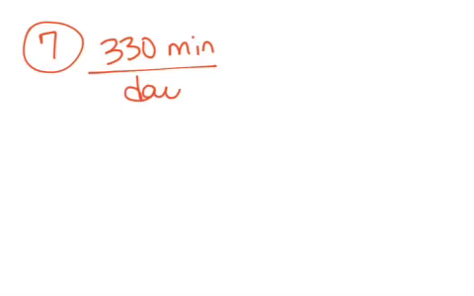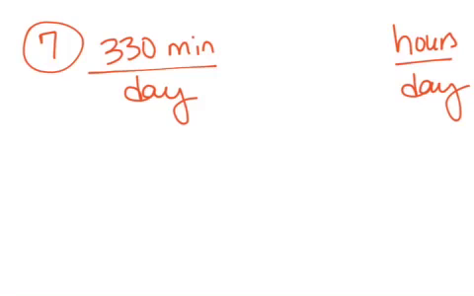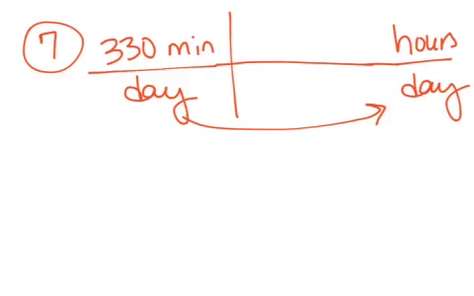Okay, let's look at number 7. The average American student is in class 330 minutes a day. So 330 minutes per day. How many hours per day is this? So we want hours per day. So we don't necessarily want day to cancel, but we do want minutes to cancel. Let's think about we need a minute.